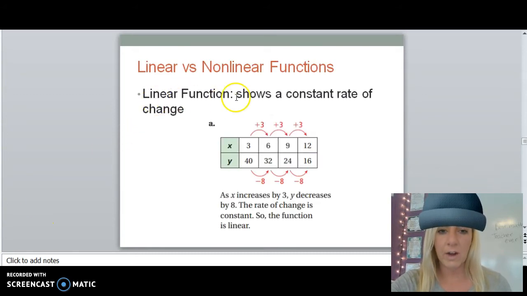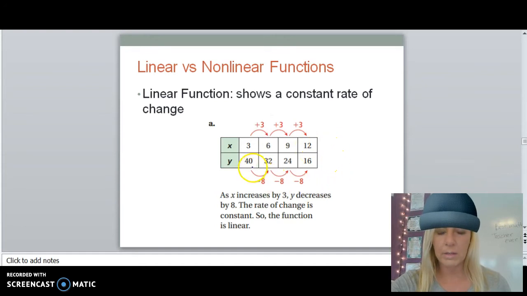A linear function shows a constant rate of change. Looking at our input values and our output values on this table, we can see that our input values, x, increase by 3. So 3 plus 3 is 6, 6 plus 3 is 9, 9 plus 3 is 12.